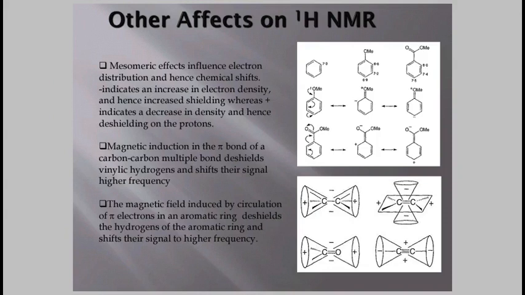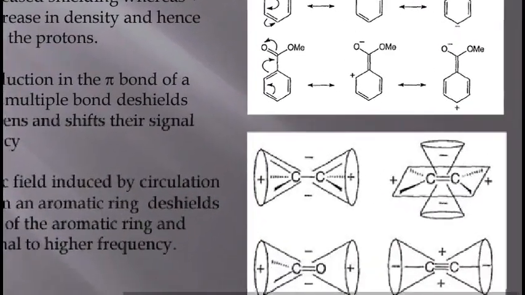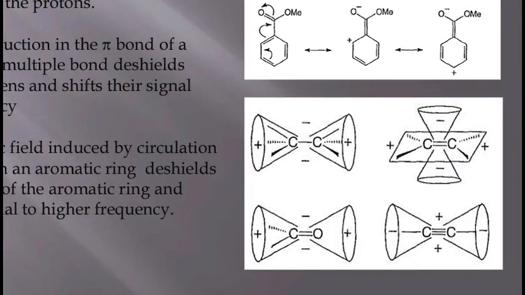For example, in a carbonyl group, CHO, this circulation leads to deshielding of the proton, and the peak is observed at 9 to 10 ppm. Whether the effect causes a shift to higher or lower frequency depends not only on position but also on the atoms in the bonds.